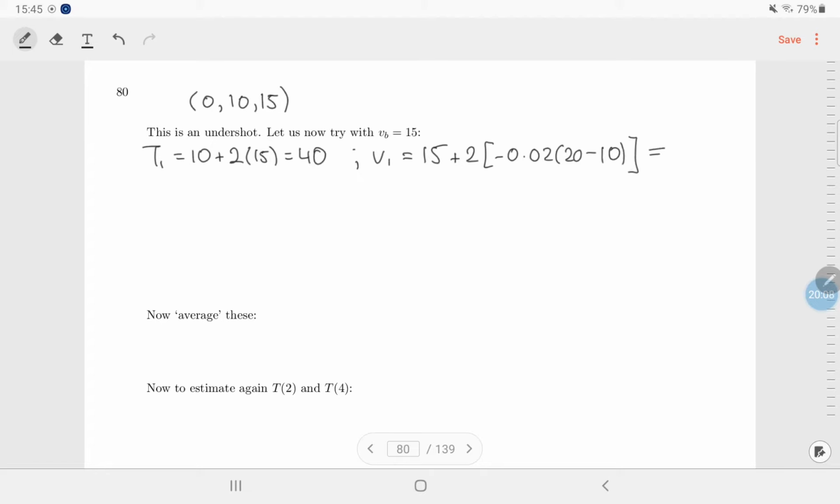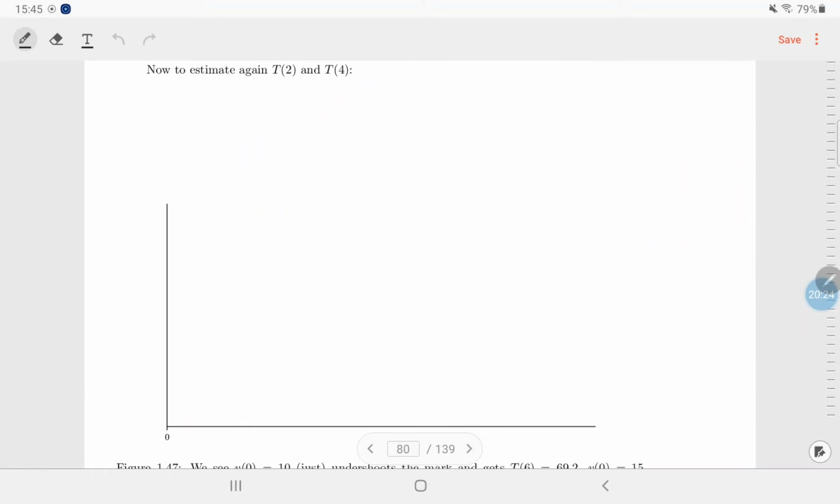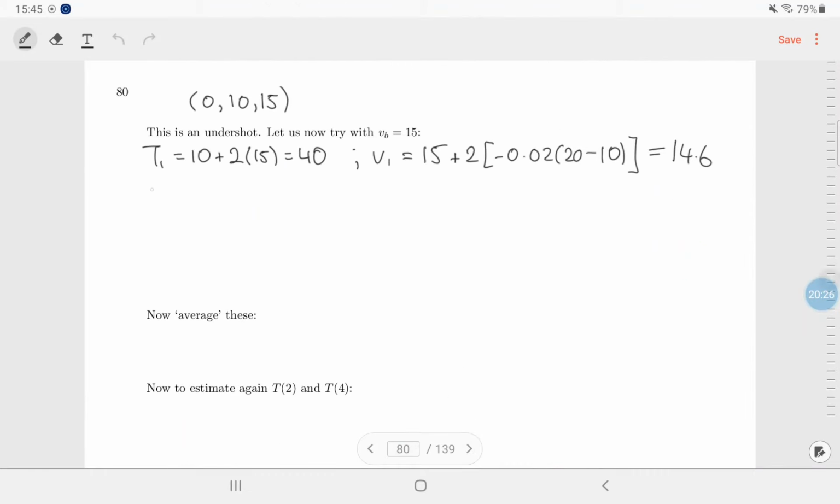So this is 15 plus 2 times minus 0.02 times 10. I'm getting 14.6. So check, I get 9.6 over here. Yeah, okay, that's consistent.